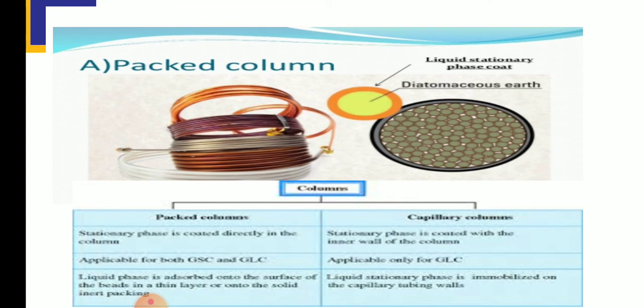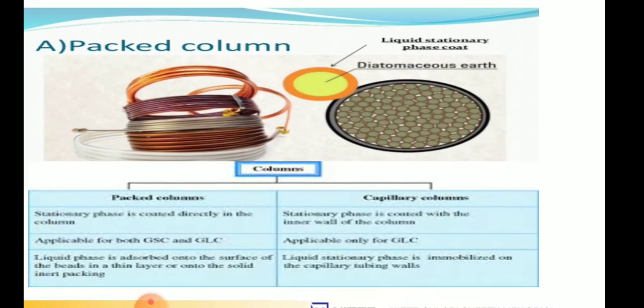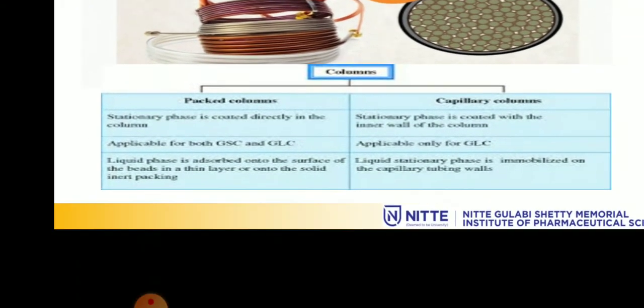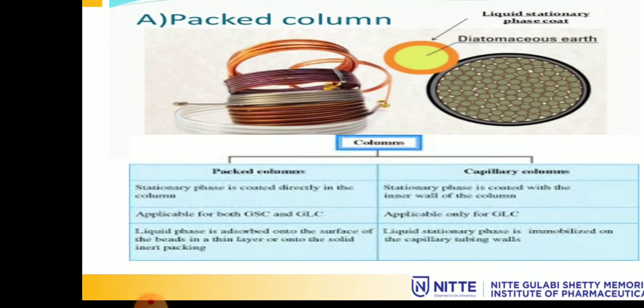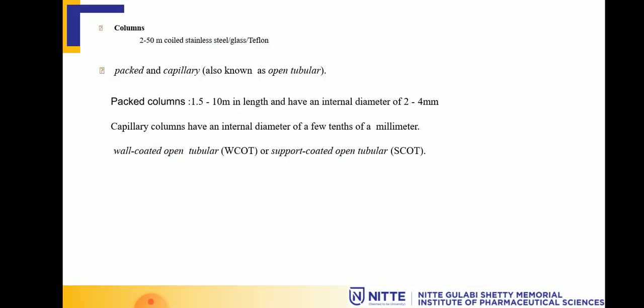And if you look into the difference, if you go to the Skoog, the difference is beautifully given. It is with respect to the length, inside diameter, efficiency and sample size, how much you need to load, relative speed and flexibility.